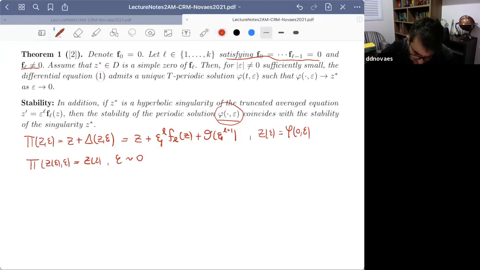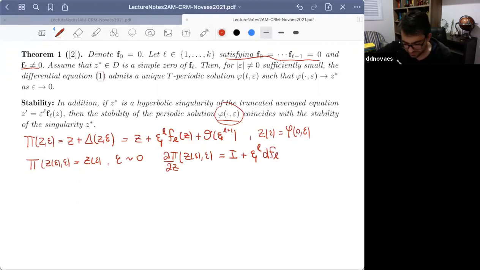So when we compute the derivative of the Poincaré map in the spatial variable, of course at the fixed point, what we get is the identity plus epsilon^L multiplied by the derivative of FL evaluated at z epsilon plus order epsilon^(L+1).